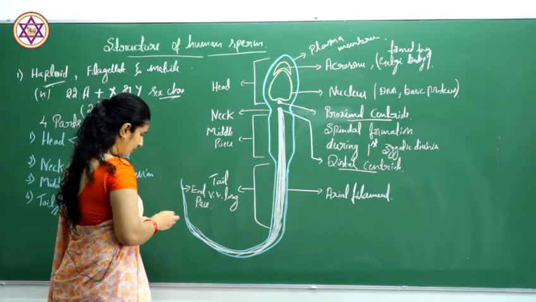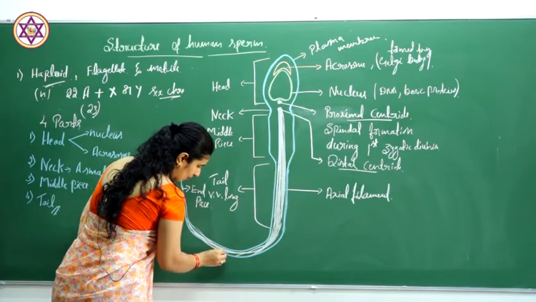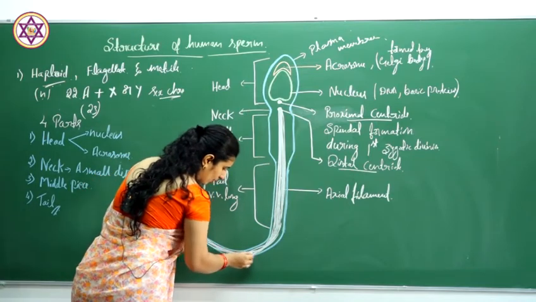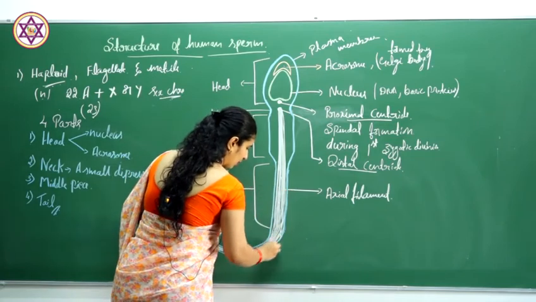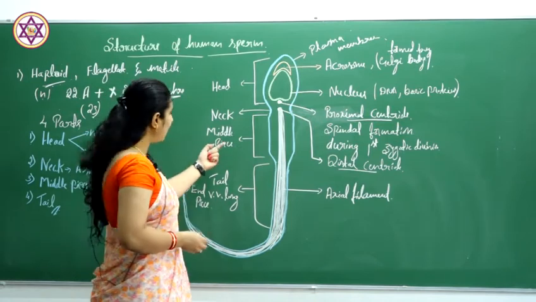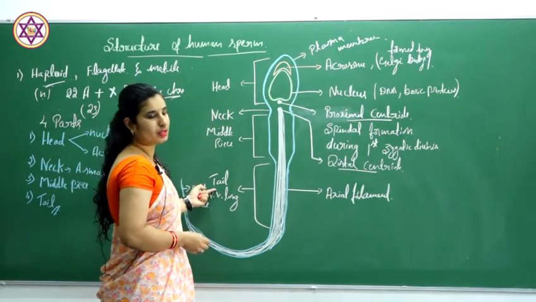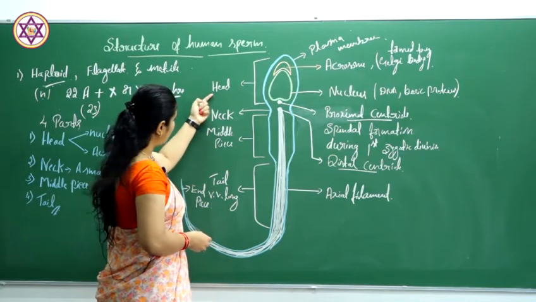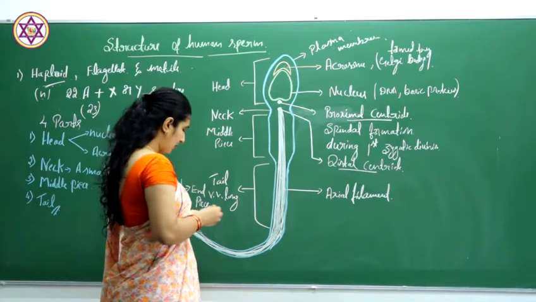Okay, this is called the end piece. The tail is very long, flagellate. So these are the 4 important parts of the human sperm: the head region, neck region, middle piece, and the tail part.